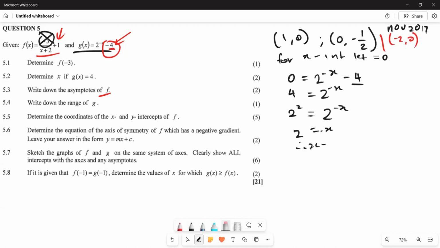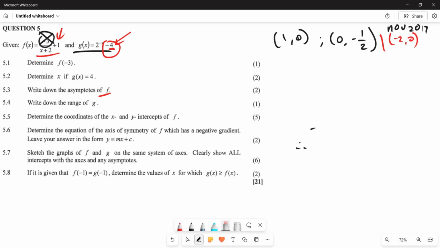Now let's make up our space so that we can do the y-intercept. For the y-intercept, your y is going to be given by 2 to the power of 0, subtract 4. Anything to the power of 0 is going to be the same as 1, which means 1 subtract 4, and the answer that you're going to have is negative 3, right?